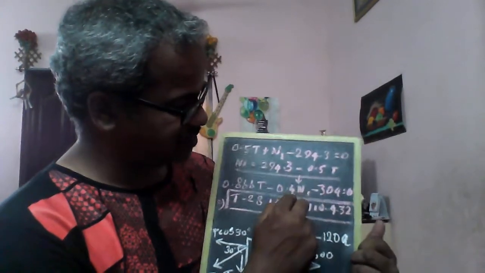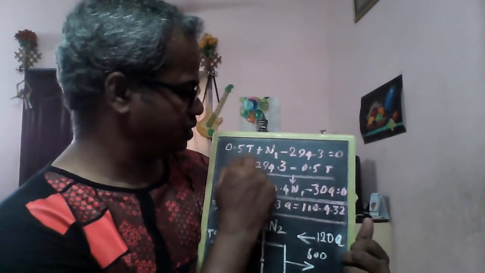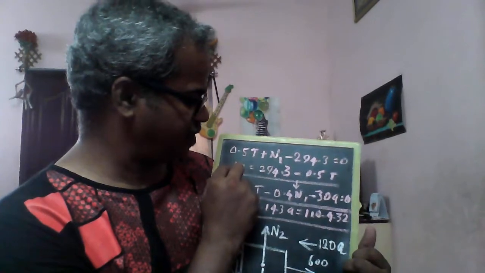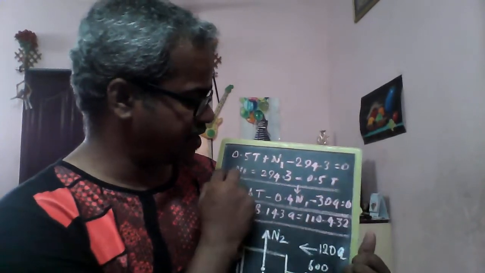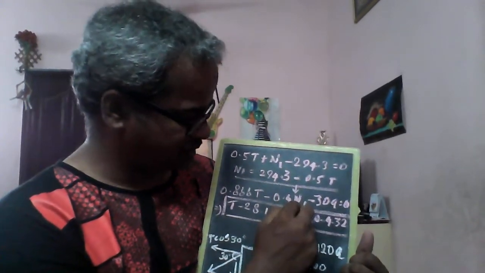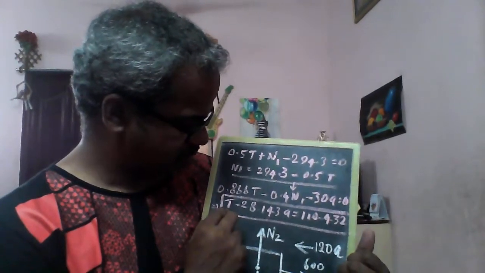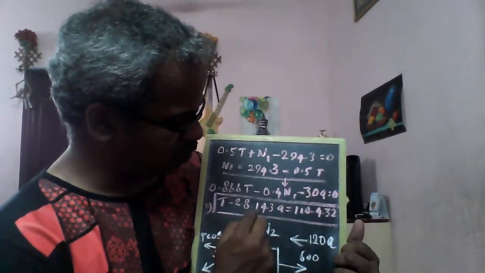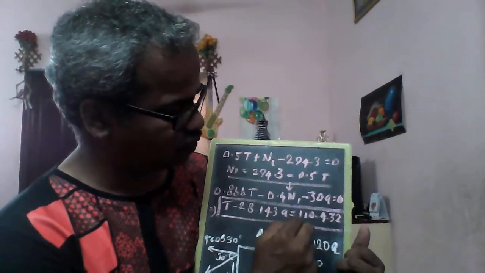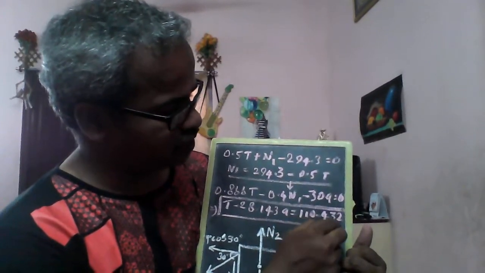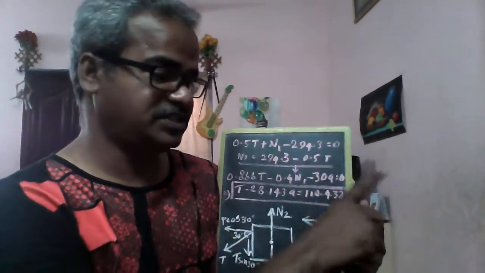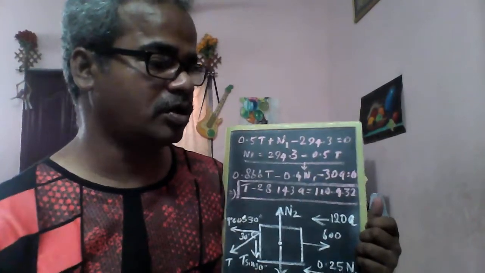In this equation, I will substitute the N1 from the previous equation. I will get an equation as T minus 28.143A is equal to 110.432. This is my first equation for block 1.